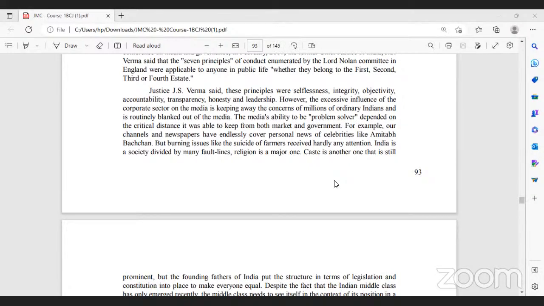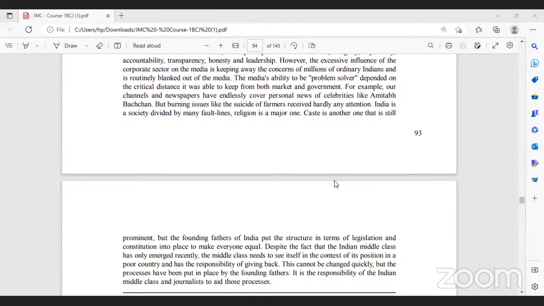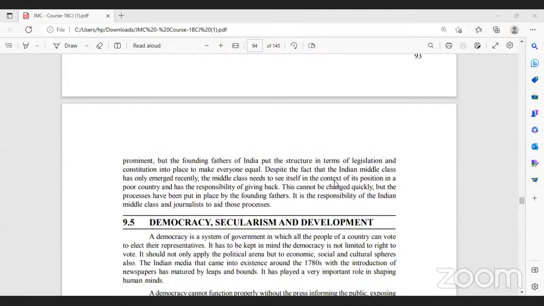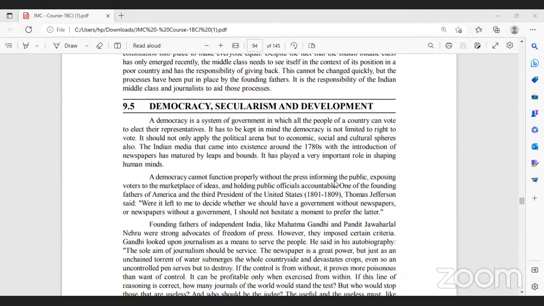For example, there was endless coverage about celebrities like Amitabh Bachchan, but burning issues like the suicide of farmers received hardly any attention. India is a society divided by many, a pluralistic society, so we have to see that there is balance in reporting. Democracy, secularism and development are also part of it.